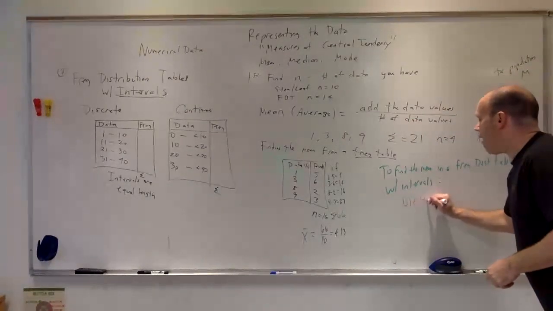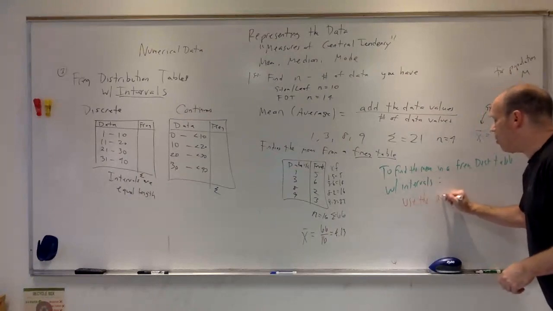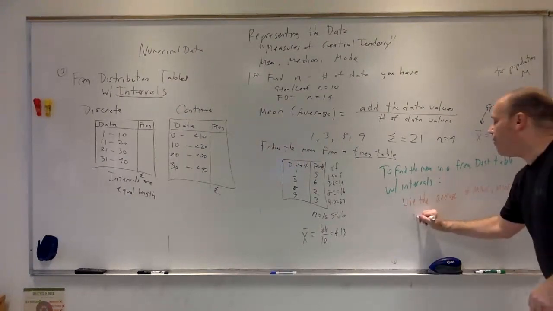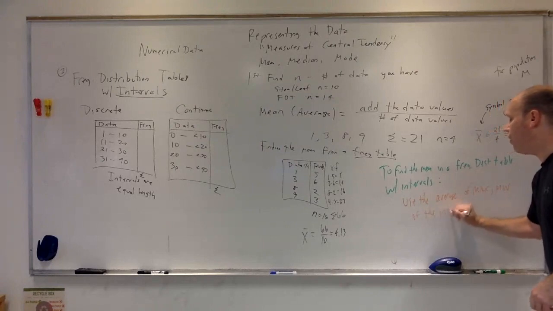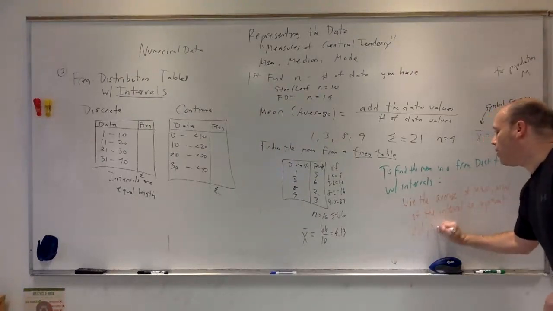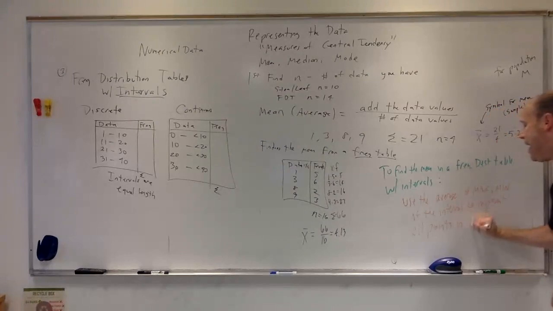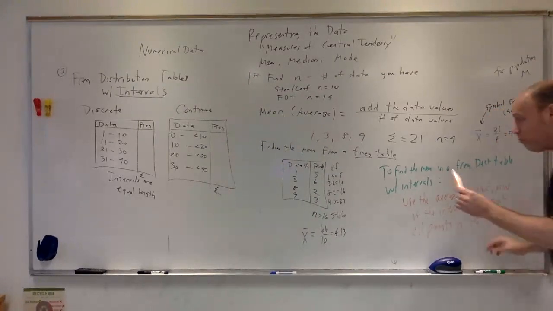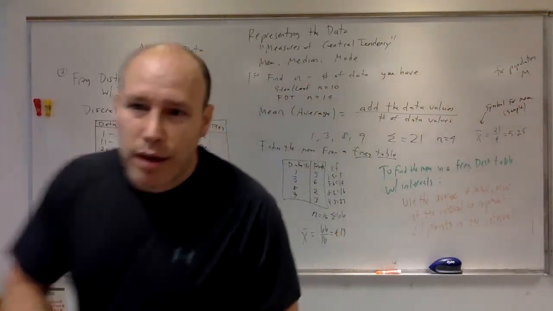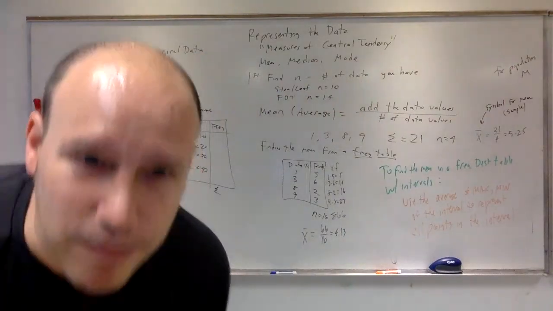So use the average of the max and the min of the interval to represent all points in the interval. Once again, probably not going to be asked this, but can you see that? Use the average of max and min.